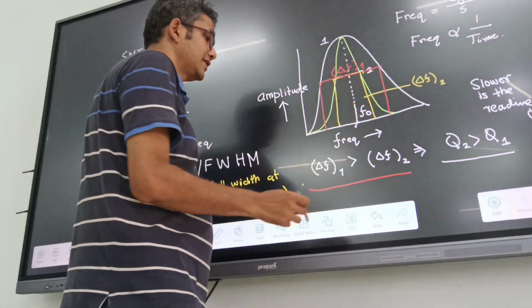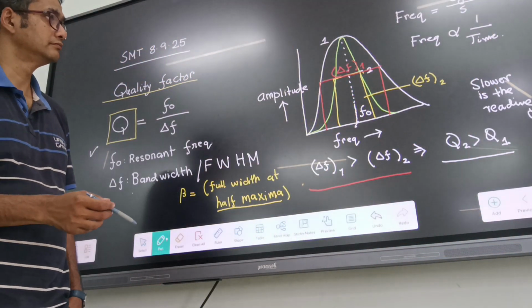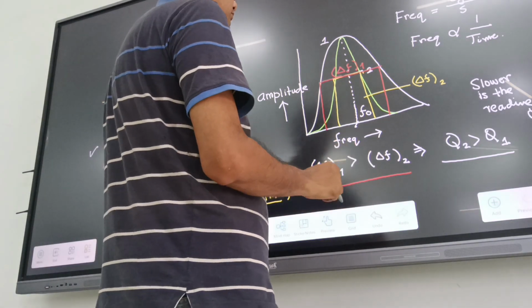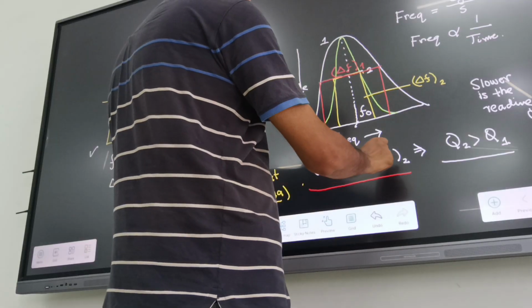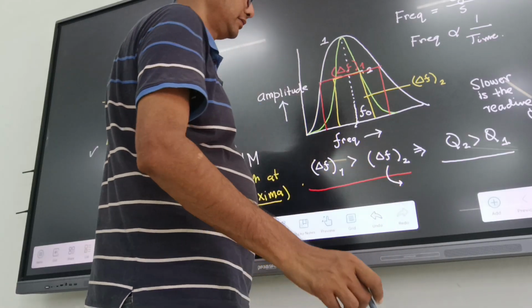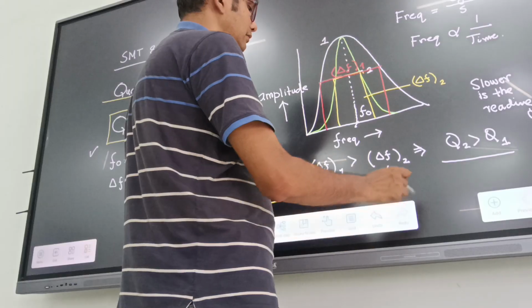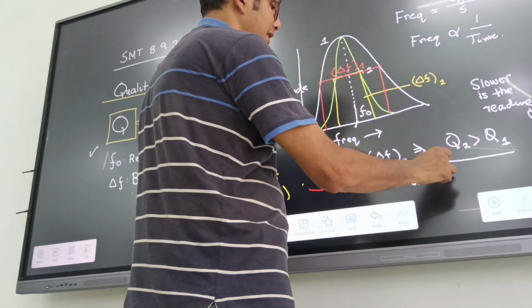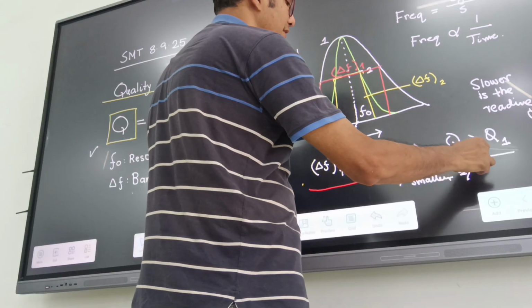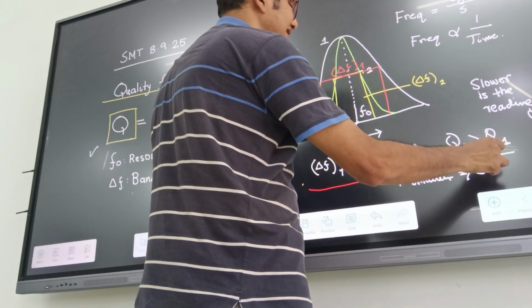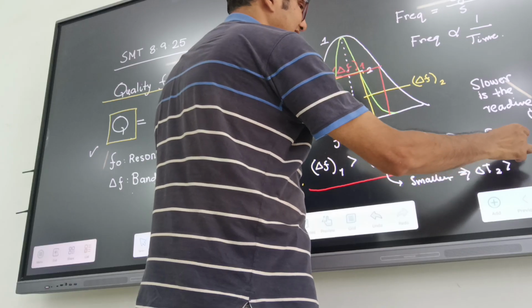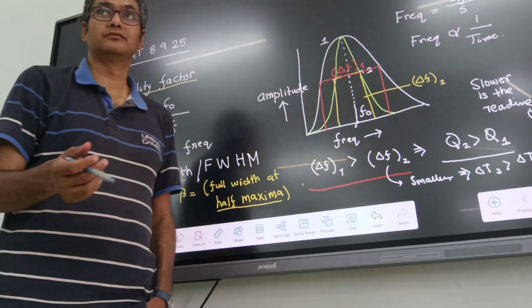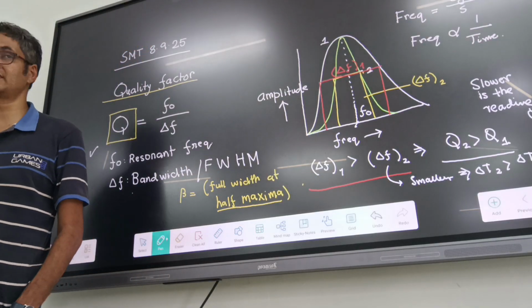So if delta F is smaller, so delta F2, this is smaller. That means delta T is much larger. The lower the frequency, the more time it takes, because it is inversely proportional.